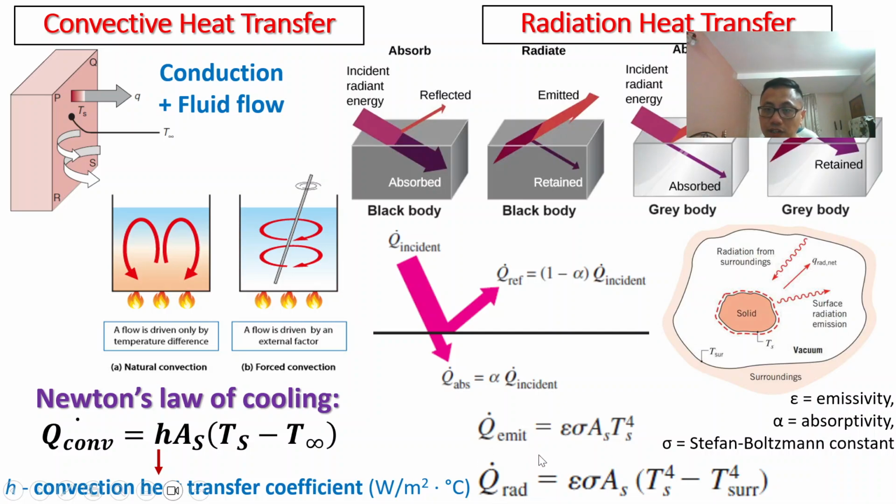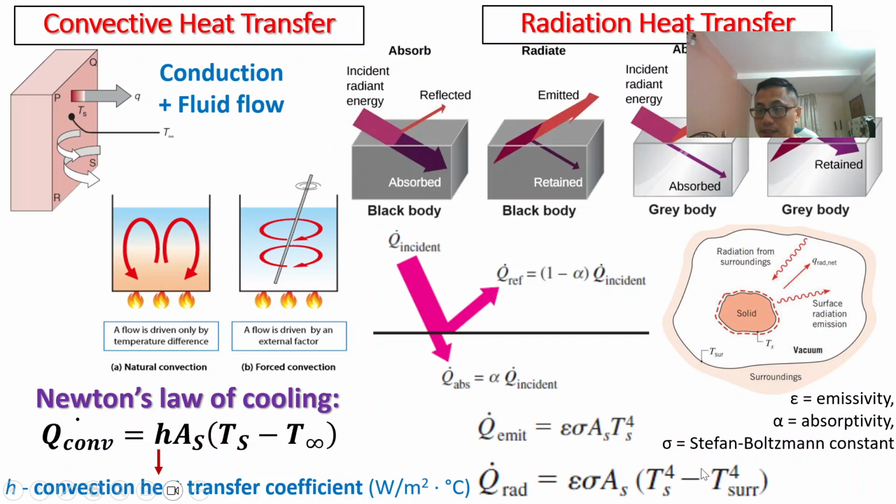If you see the figure shown here, in a system the material will always release radiant energy to the surrounding. At the same time, the surrounding is also emitting energy that is absorbed by the solid.